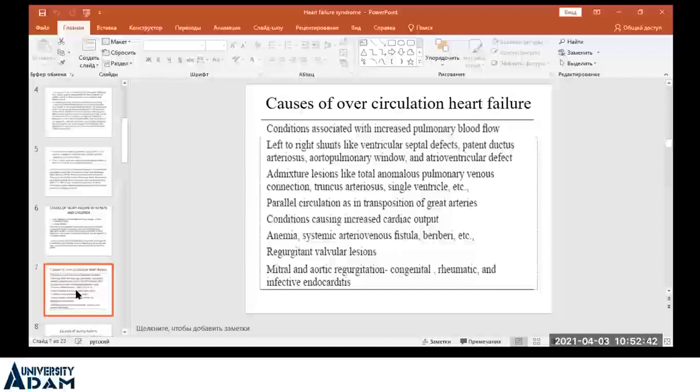Conditions causing increased cardiac output: anemia, systemic arteriovenous fistula, beriberi, regurgitant valvular lesions, mitral and aortic regurgitation, congenital, rheumatic, and infective.